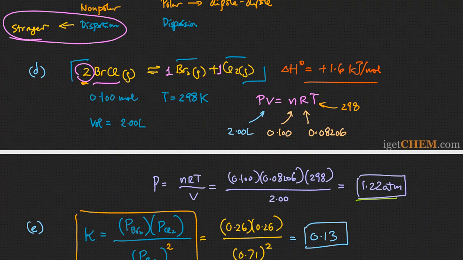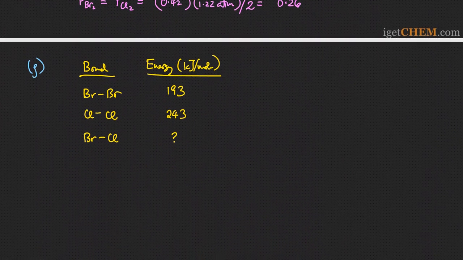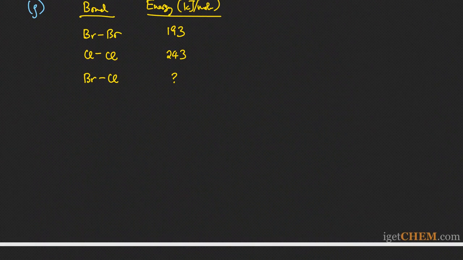It's 1.6 kilojoules per mole. So let me just take that equation and write it down again. So we have 2 BrCl going to Br2 plus Cl2, and delta H for that is plus 1.6 kilojoules per mole.